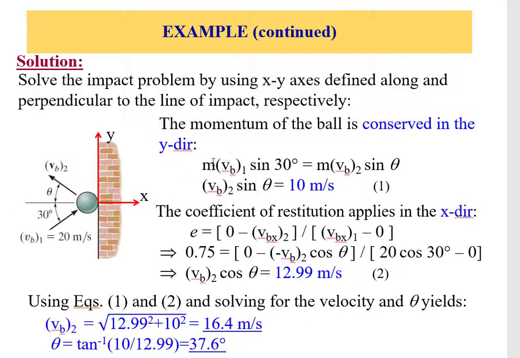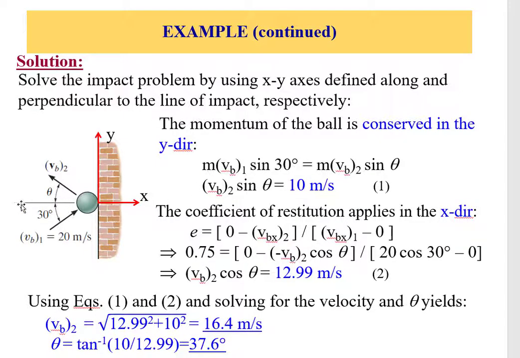So we get m, the mass of the ball, multiplied by 20 multiplied by sine 30, which becomes VB1 before the impact, equal to m VB2 after multiplied by sine of the unknown angle. Masses will cancel out and you end up with VB2 sine theta equal to 10. So we have two unknowns and we need two more equations.